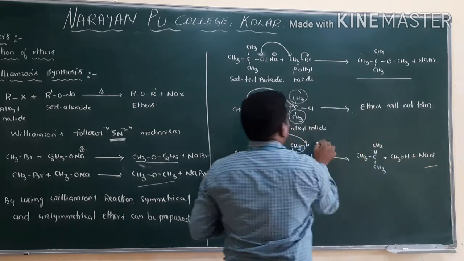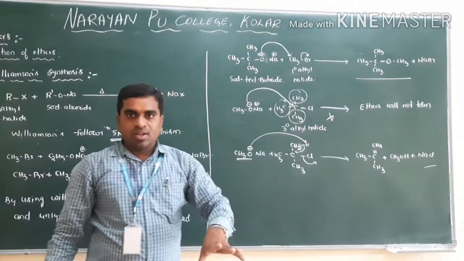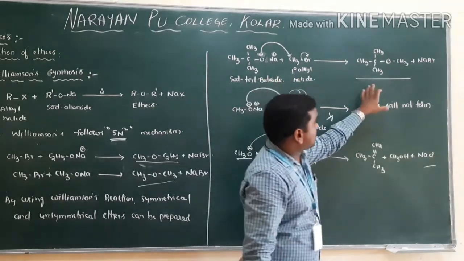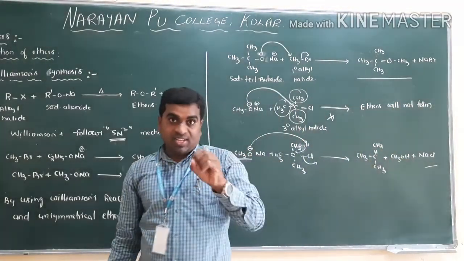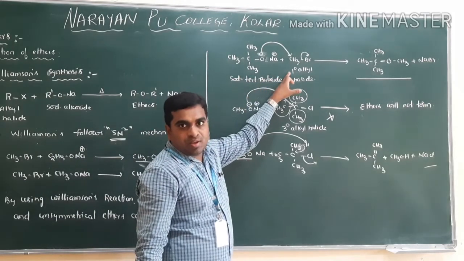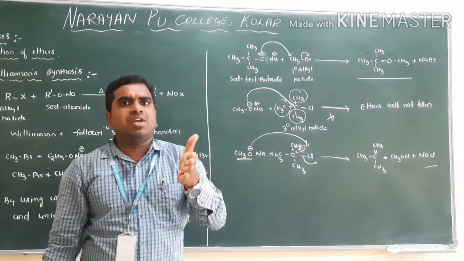So ethers cannot be prepared if the alkyl halide is tertiary. If the alkyl halide is primary, the formation of ethers takes place very easily. So the alkyl halide must be primary; if primary is there, the reaction takes place very fast.